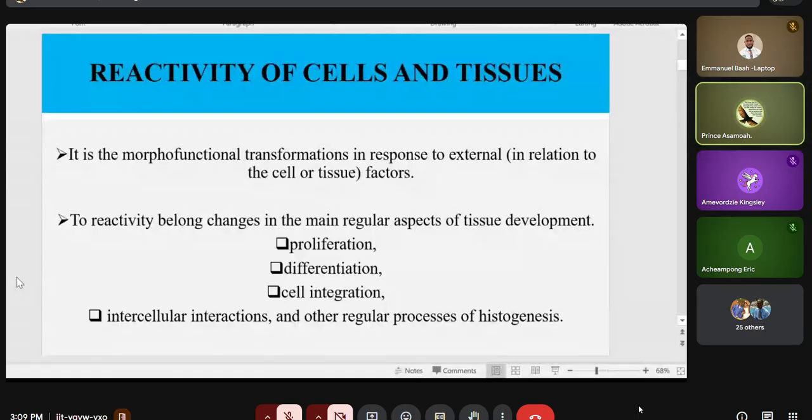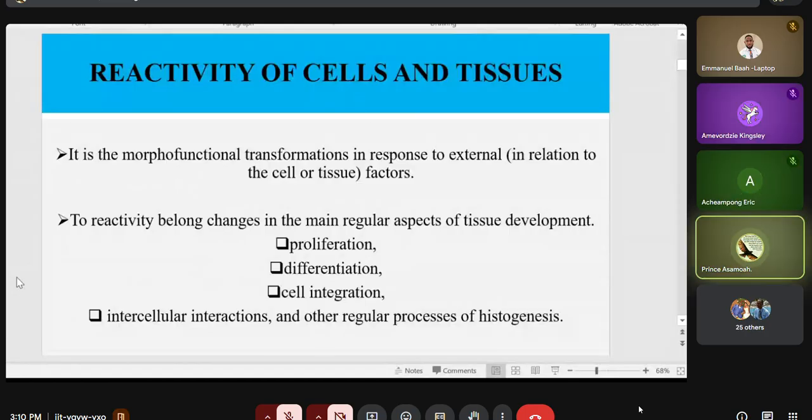So we are saying that to reactivity of cells belong changes in the main regular aspects of tissue development. So just as we said that morphologically and functionally there are going to be transformations, these transformations are tailored towards the regular aspects of tissue development.